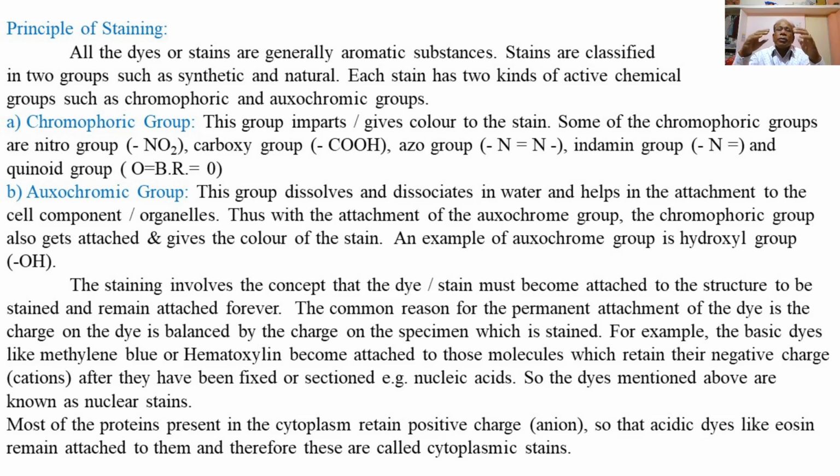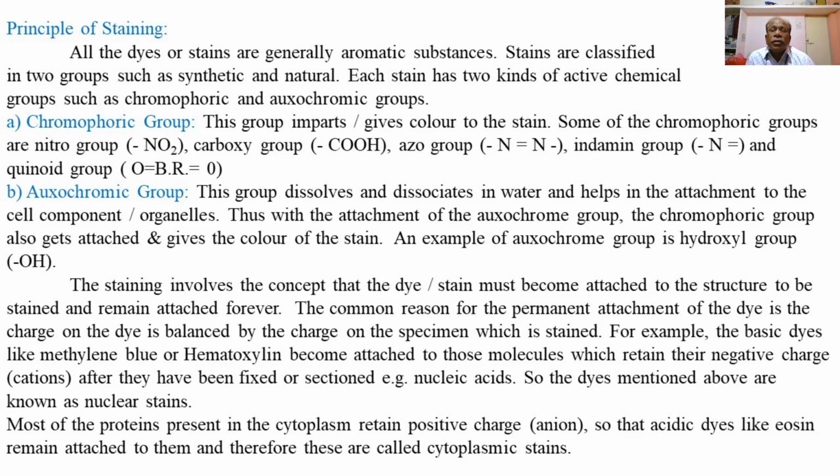So the common reason for the permanent attachment of the stain or the dye and the tissue material or the specimen is the charge on them. The charge of the stain and the charge on the tissue material are responsible for the firm or the permanent attachment of the stain and the tissues.